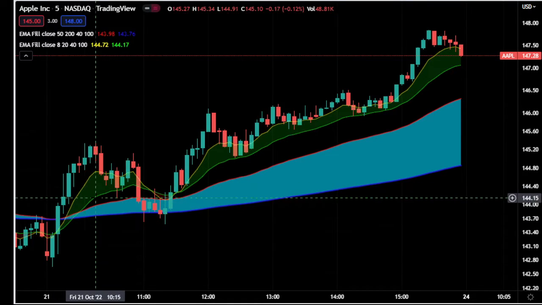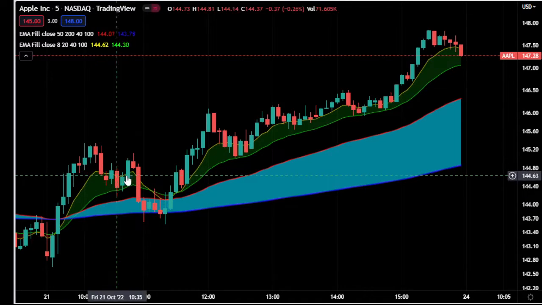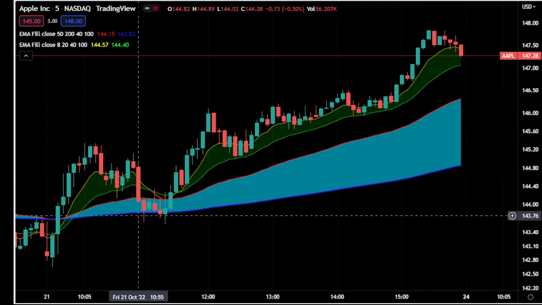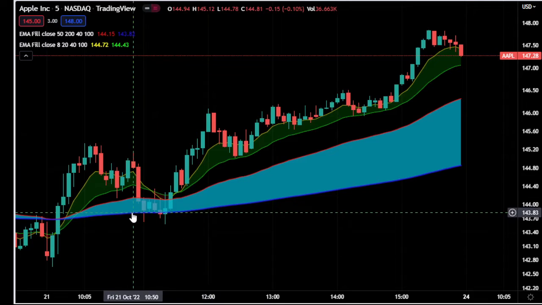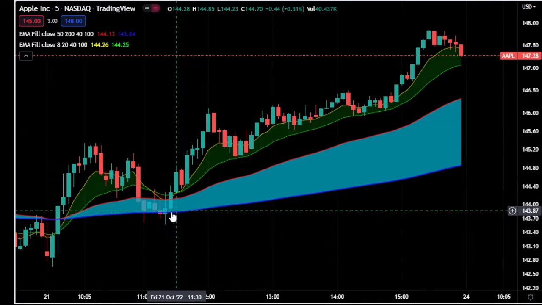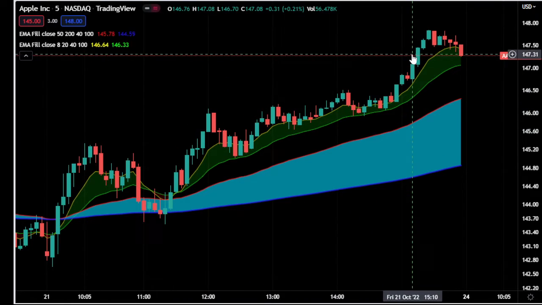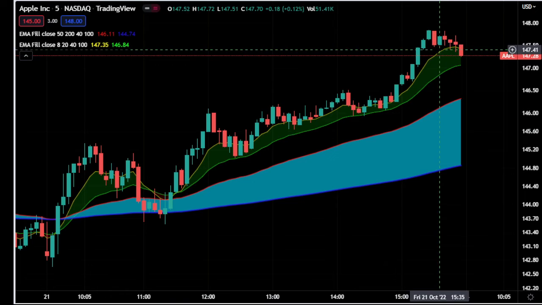So we have 8, 20, 50, 200 on Apple, and these are 5-minute moving averages now. We had a little pullback here and prices tested this 200 moving average. This is the 5-minute 200 moving average before they went higher and stayed higher the rest of the day. The 8 over the 20 for the rest of the afternoon here.